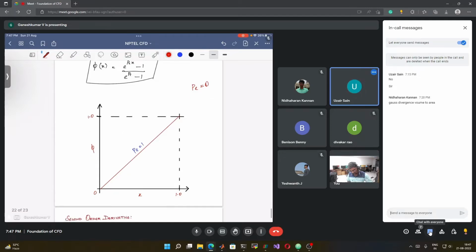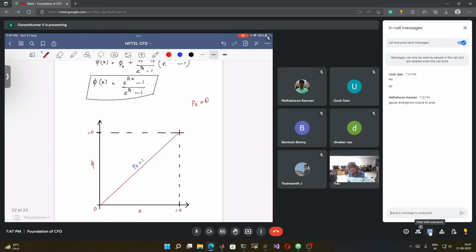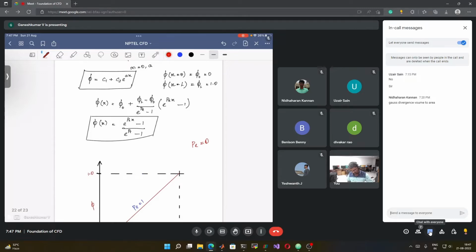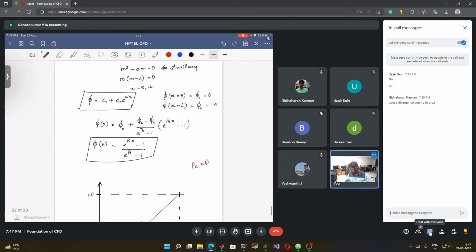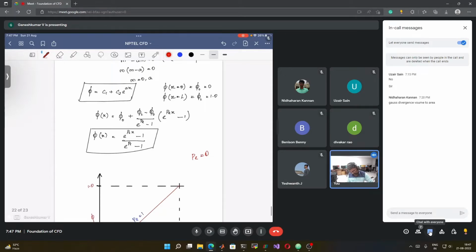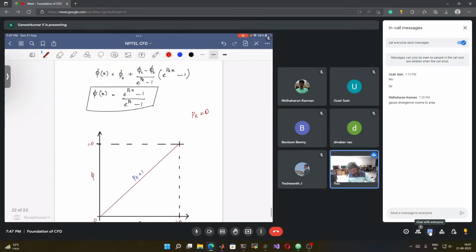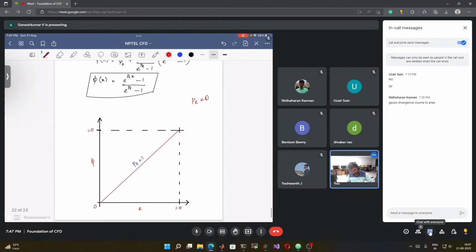I made some mistake here. So Peclet number equal to 1. So e power 0 would be 1. 1 minus 1 is 0.